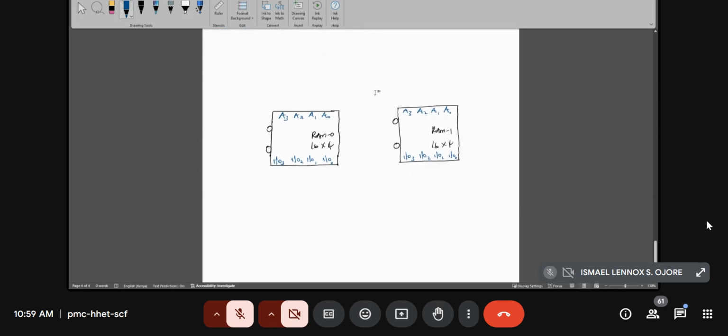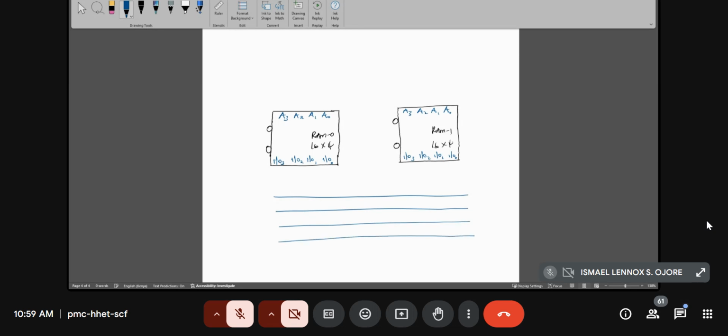So that means our data bus will be 4 lines. So we have the 4 lines of our data bus.